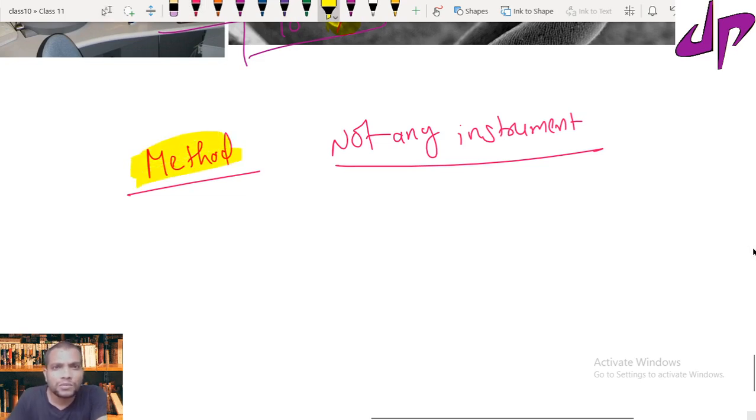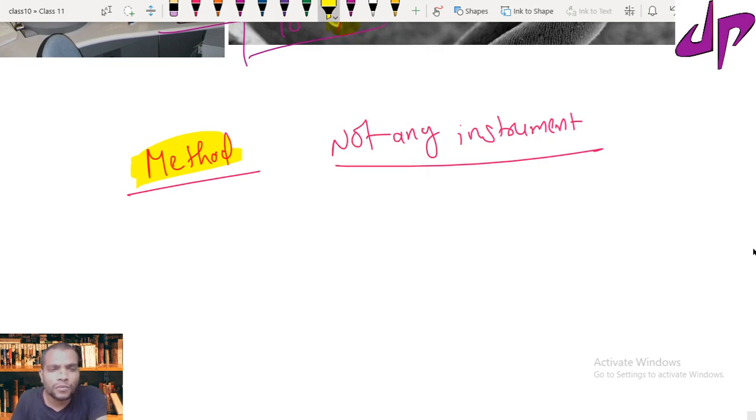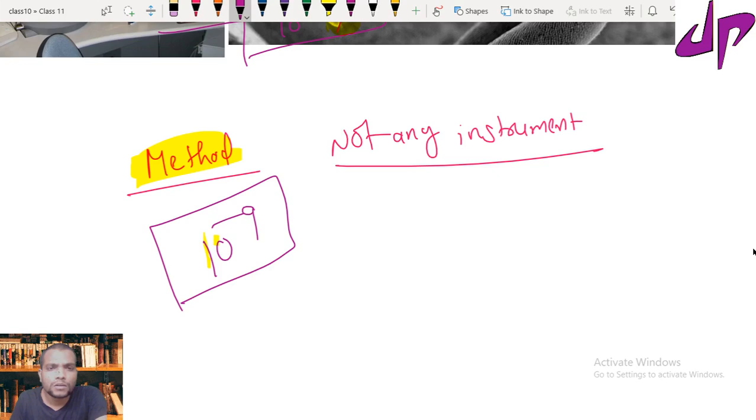In this method we don't use any instrument, but a certain process, with which we would like to find sizes up to 10 power minus 9. This is an outdated method, but for a rough approximation we can use it, especially to find molecular size on the order of up to 10 power minus 9.